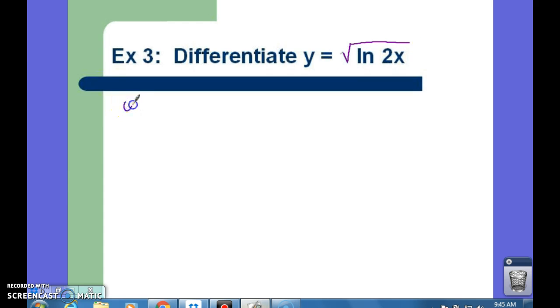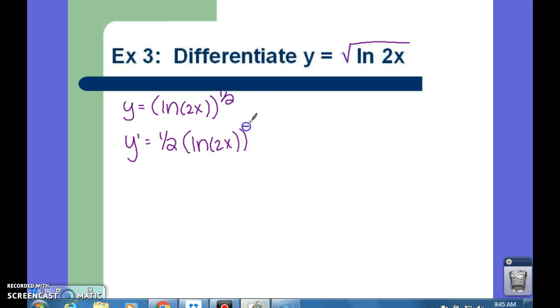So this is really the same as saying y equals the natural log of 2x all to the 1/2 power. What's the derivative of anything to the 1/2 power? Well, you get 1/2, the natural log of 2x remains inside, and subtract 1 away from your 1/2, so you get negative 1/2.